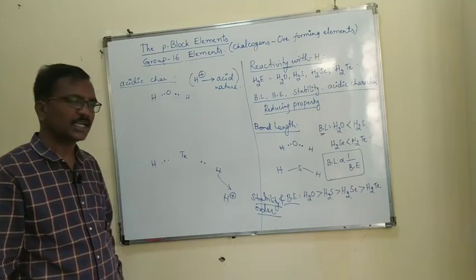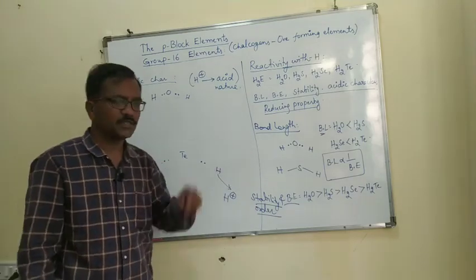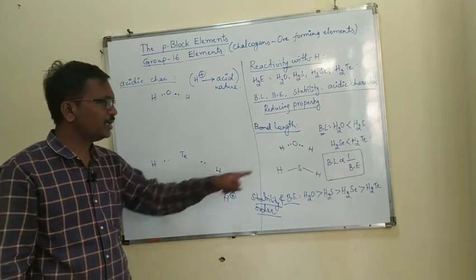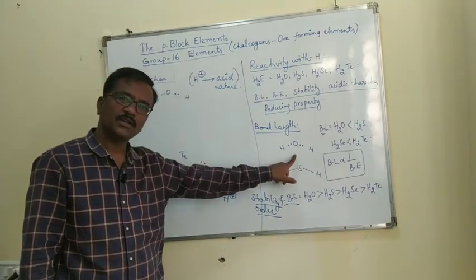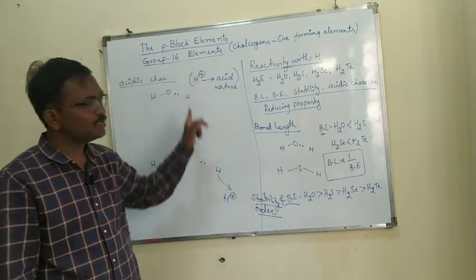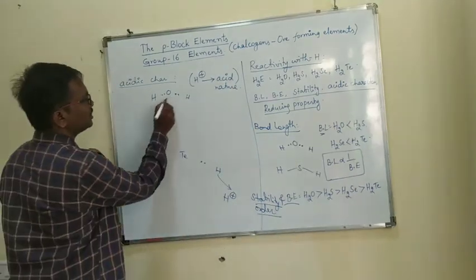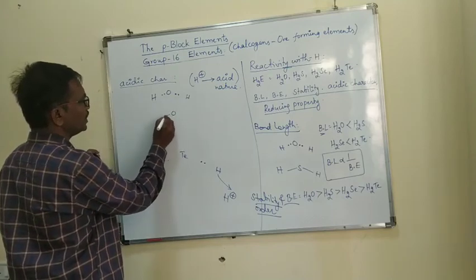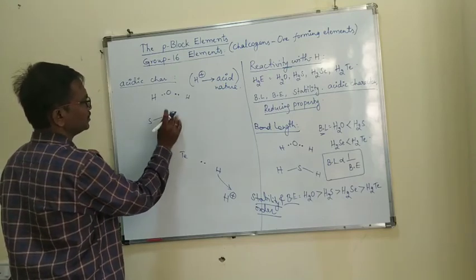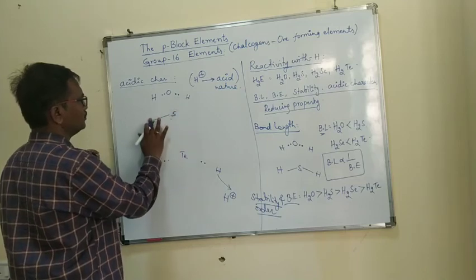So what is the acidic order? First, you have to understand bond length very clearly. If you understand it clearly, all these properties will be understood clearly, right? I am writing this slowly, increasing the bond length, right?